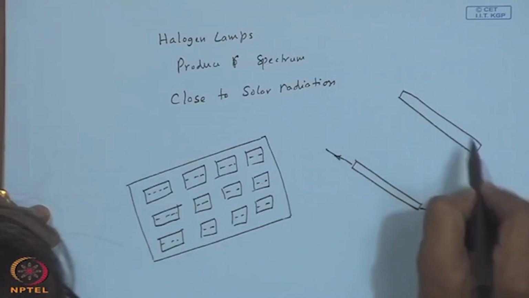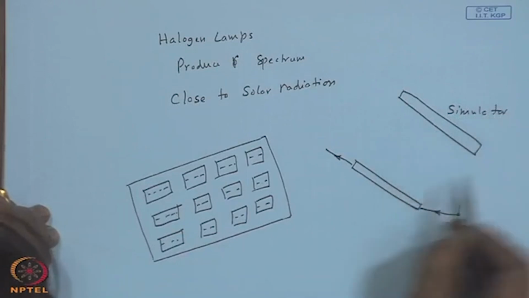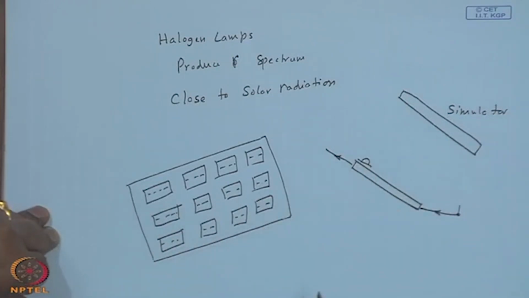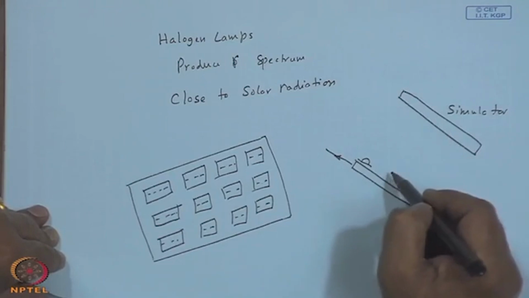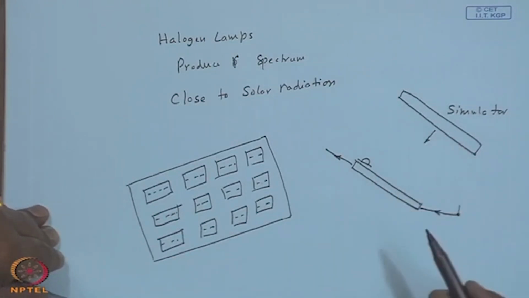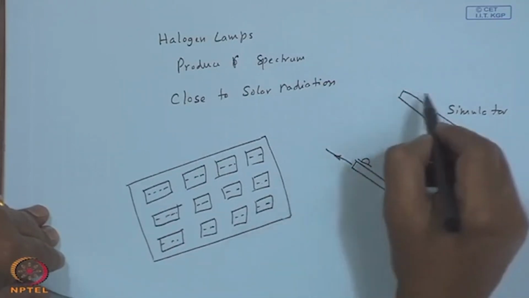This is your simulator, and you use a pyranometer on the collector surface and ensure whether the intensity is uniform or not. If it is within plus or minus 5% or so, it is okay. If you want a lower intensity, move it away; for a higher intensity, move it nearer.